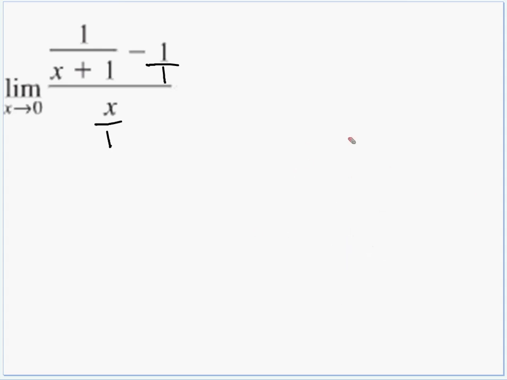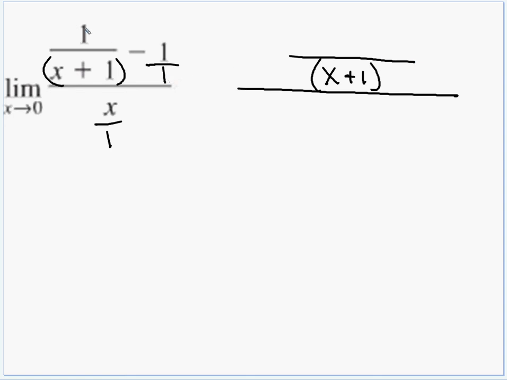So if we do that little technique here, our denominator is going to be 1 times x plus 1, or that just makes it x plus 1. And our numerator, if we multiply up this way, 1 times 1 is 1, minus this 1 times the quantity x plus 1.